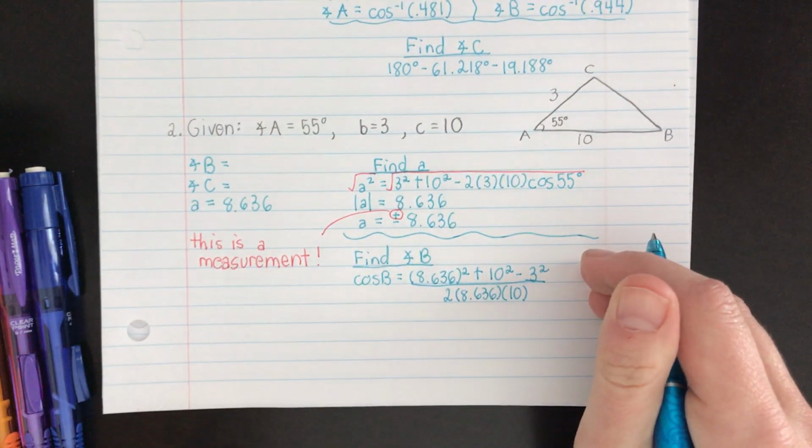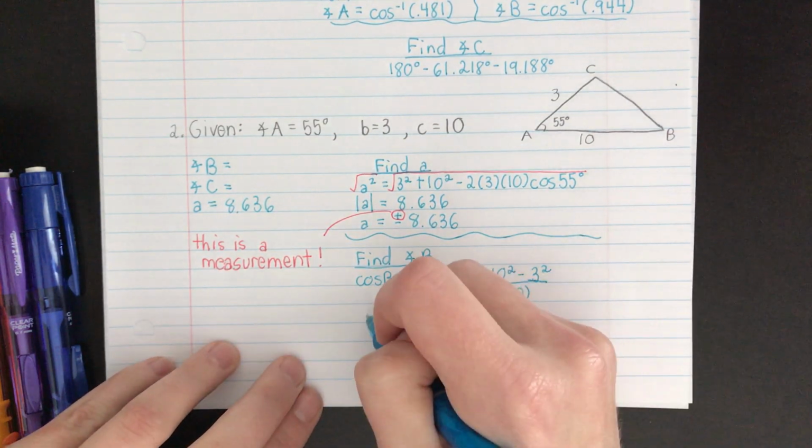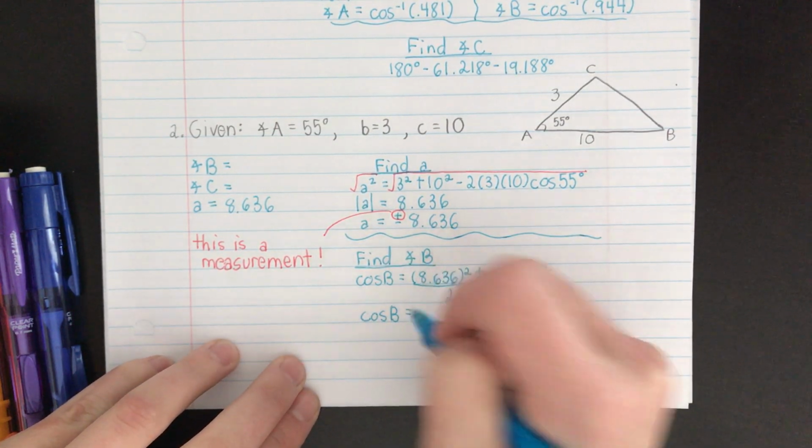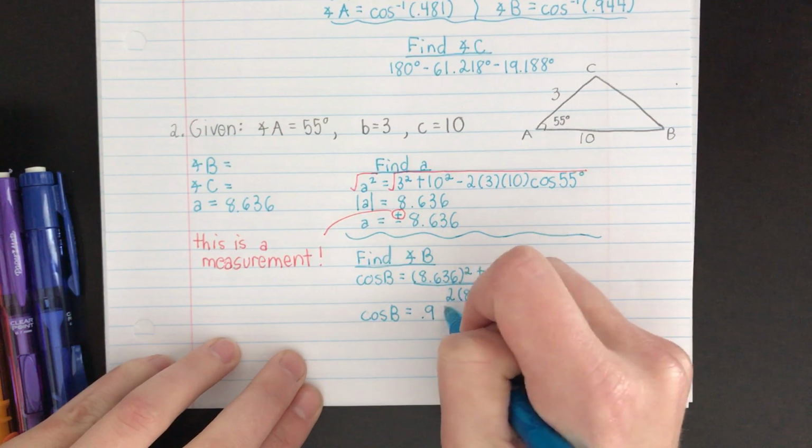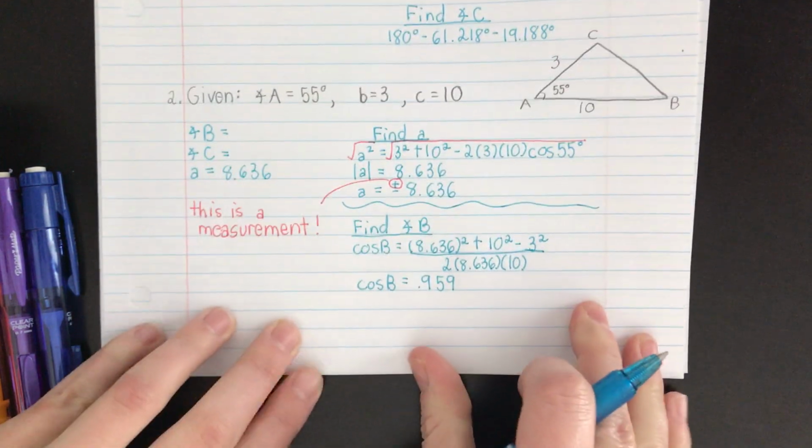So all over that, plug that in the calculator, you get cosine B equals 0.959. That's what you get.